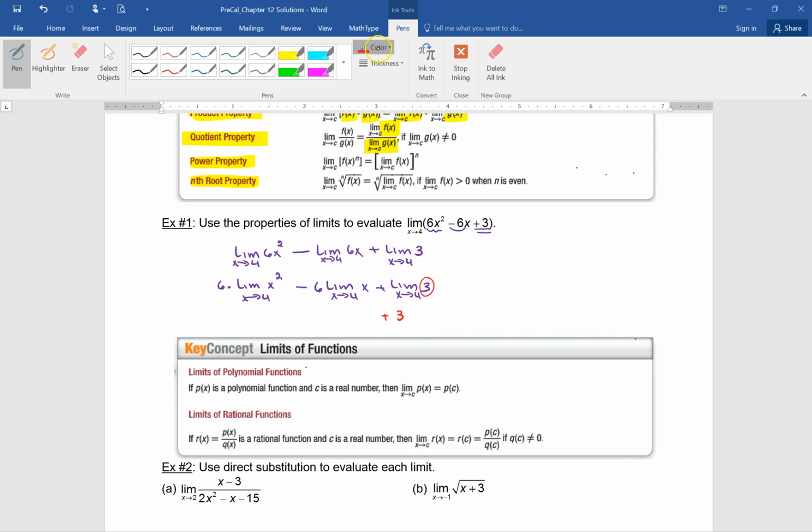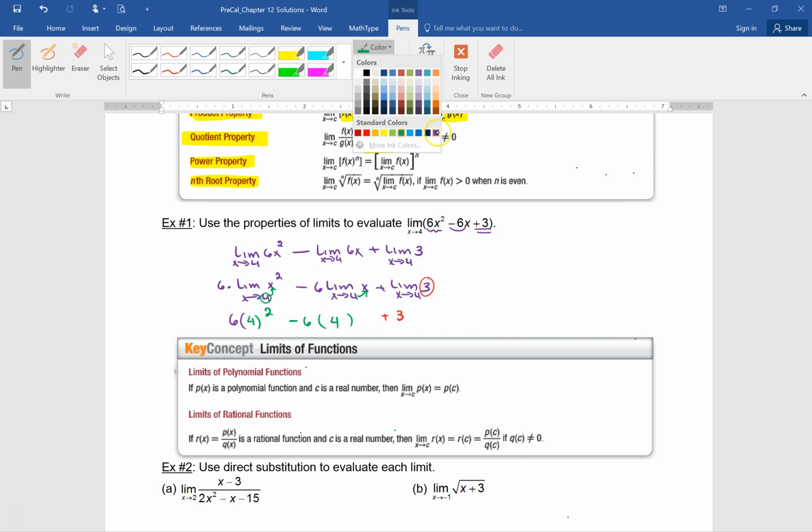For any other case, you take this number and you plug it in here. So in this case, this is going to be 6 times 4 squared, and then minus 6 times 4, because you plug the 4 in here.